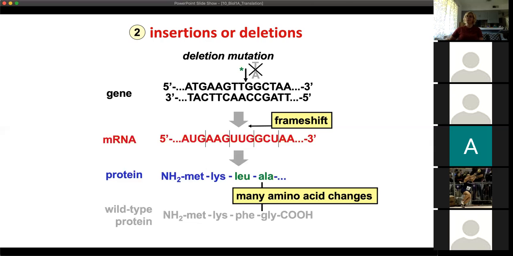If you add or delete 3 nucleotides, you're either going to remove a single amino acid or add a single amino acid, and everything else downstream should be okay. Who knows what change that single amino acid would have, but with 1 or 2 nucleotides, you've changed everything about this protein.